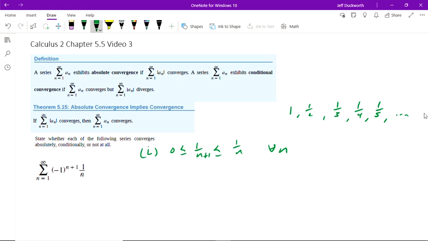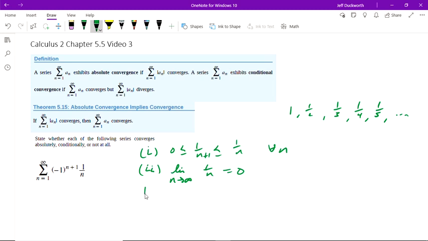So that works. And number 2, we have to check the limit as n approaches infinity of 1 over n, and this equals 0. We've got nothing in the numerator. You could use L'Hopital if you wanted to, but you don't have to. It's already in a 1 over n situation, so that's going to equal 0.